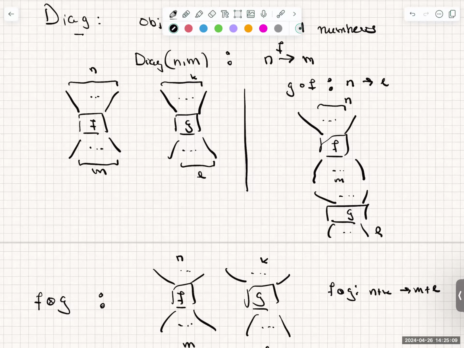I see the confusion. If I had a graph with n inputs and m outputs, we just think of it as a single morphism.